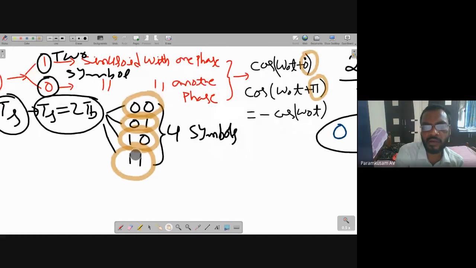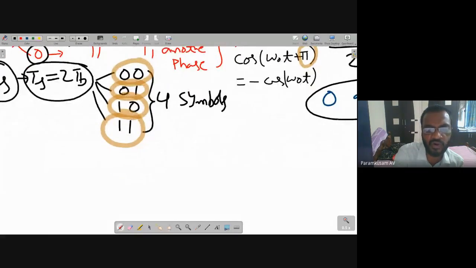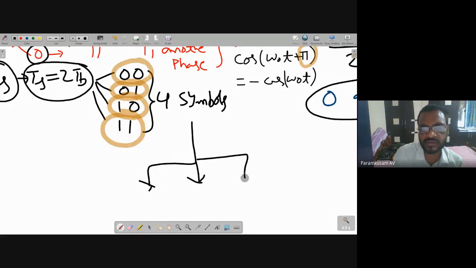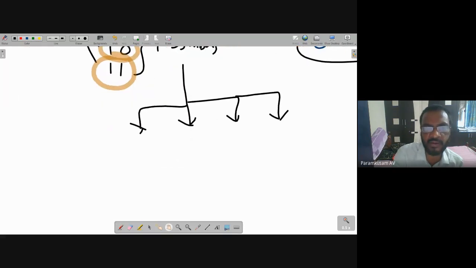So you have to transmit these 4 possible symbols with 4 sinusoids. These 4 sinusoids will have phase angles such that the phase difference between any 2 successive sinusoids is... what is the total phase? 2 pi.